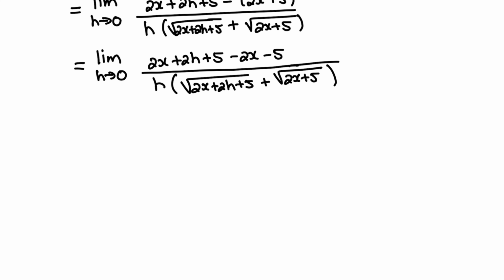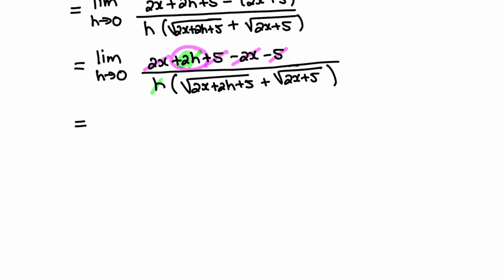Now in the numerator, I can cancel out the like terms, so I'm simply left with 2h. And what you can see is that if I'm only left with 2h, the h's would cancel out. So essentially, I'm only left with 2 in the numerator.